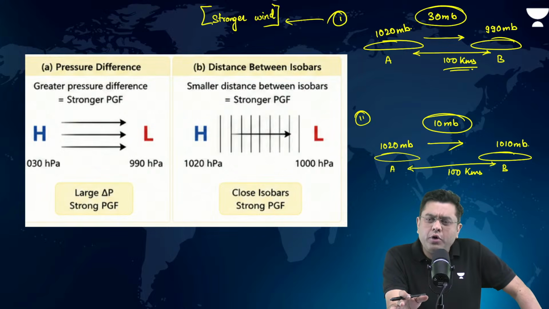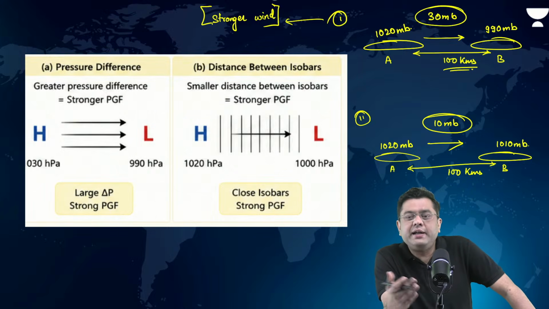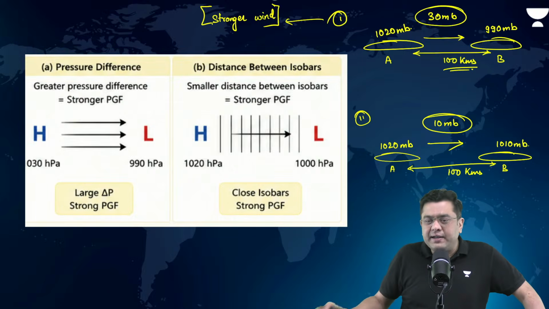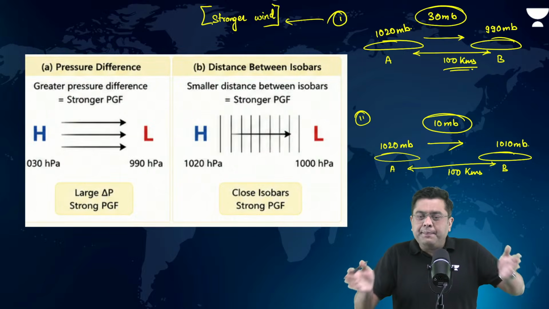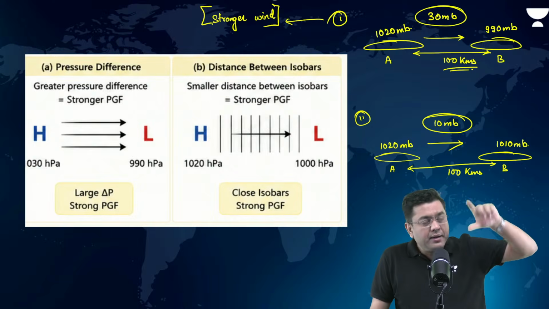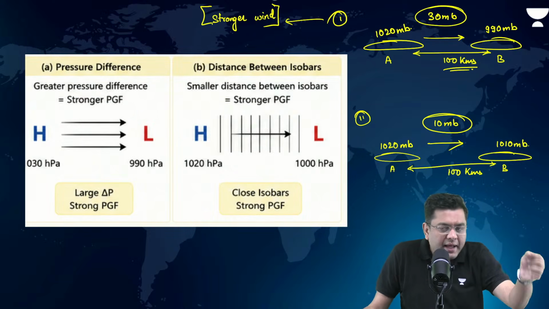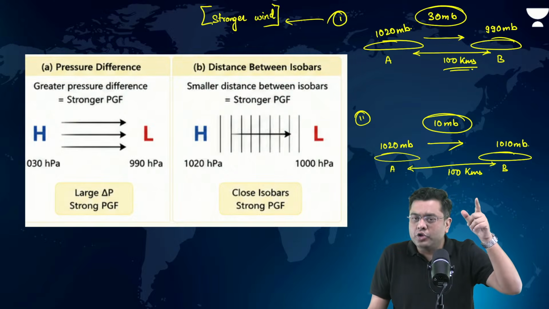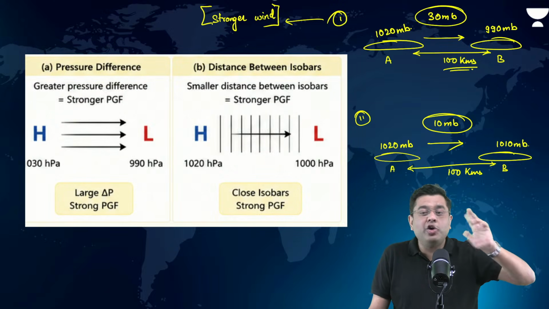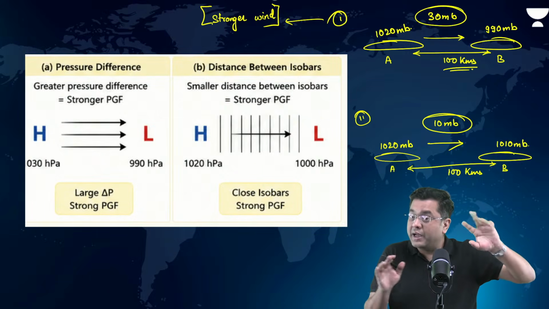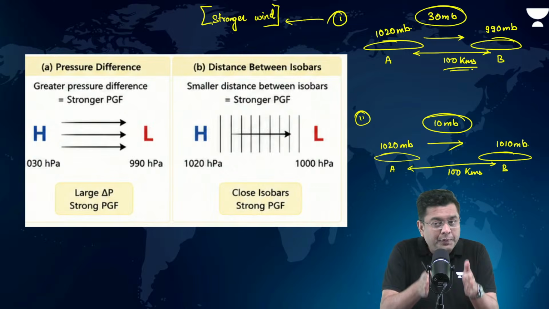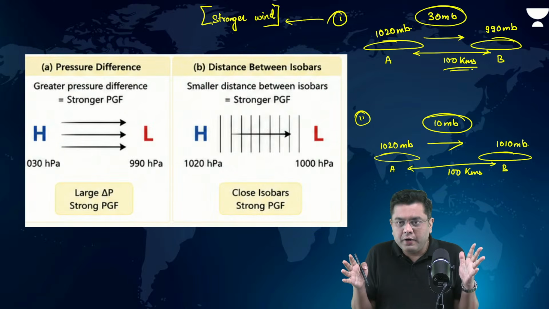If distance is more, then you compare the pressure gradient in a comparative distance. Pressure gradient is always compared at a comparative distance. For example, you cannot have a comparison that between Srinagar to Chennai, the pressure is changing by 30 millibar, and between Kota and Indore, pressure is changing by 2 millibar. Where will the wind speed be higher? You cannot have that comparative distance analysis. Whenever you need to have a comparative analysis, you need to put the distance as the same. Okay.